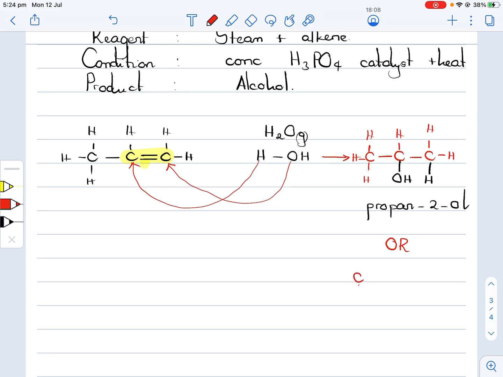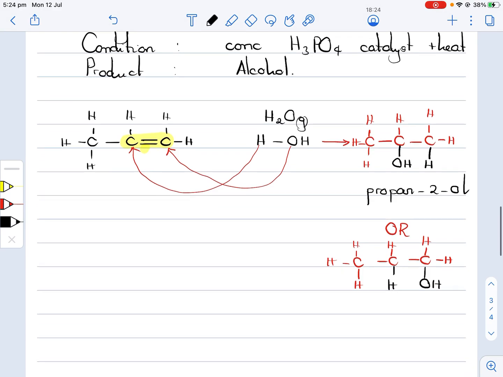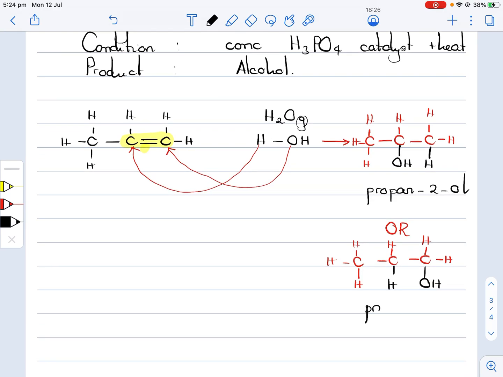And the final product that I'll be having, again, this is an alcohol and it's going to be called propan-2-ol. So, sorry, not propan-2-ol, but this is going to be called propan-1-ol.